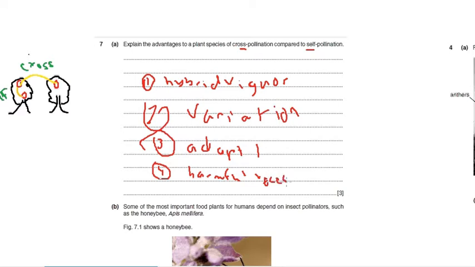Harmful recessive alleles won't be expressed much, because there will be crossbreeding, so they won't be expressing much.